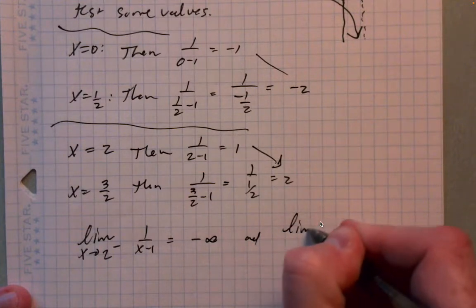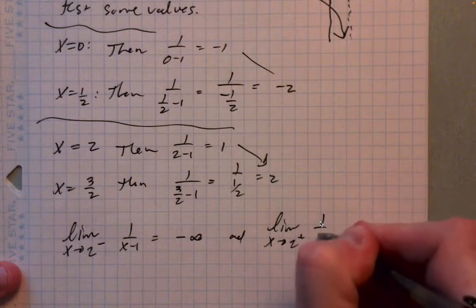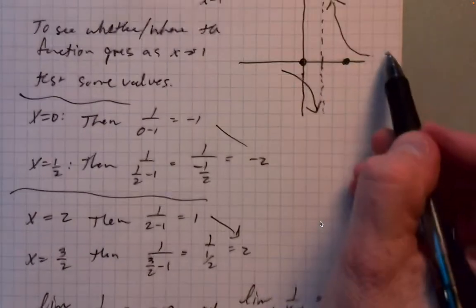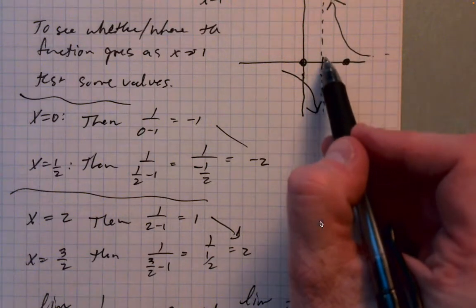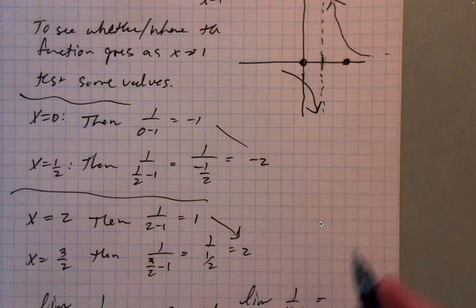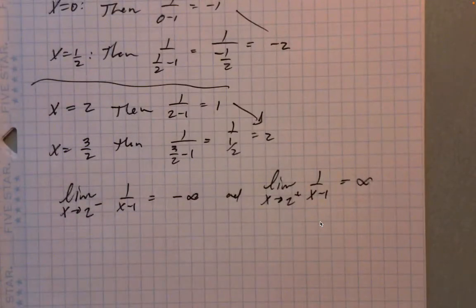And the limit as x approaches 2 from the right-hand side is going to be, again, remember that's over here, and so we're heading this direction towards 2, the limit point, and as we do that, the value of the function shoots off to positive infinity. Okay, so there we go. So there are the two infinite limits for this function f of x equals 1 over x minus 1 at the value of x equals 2.